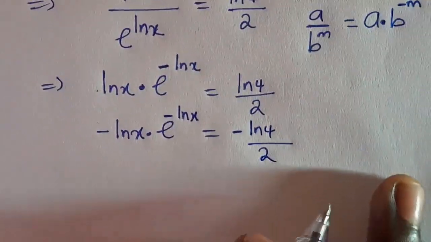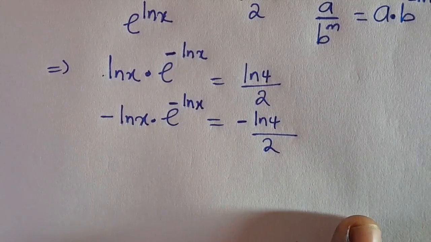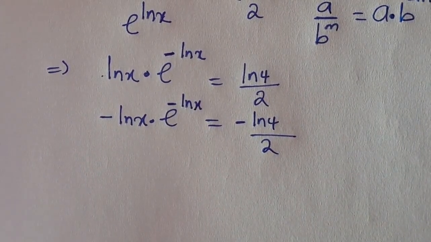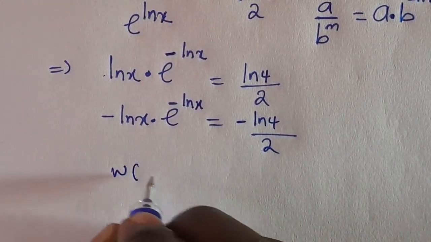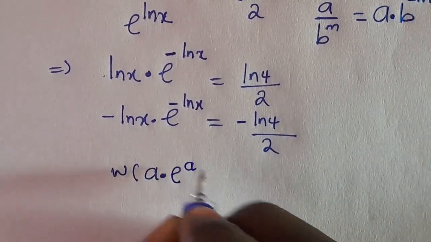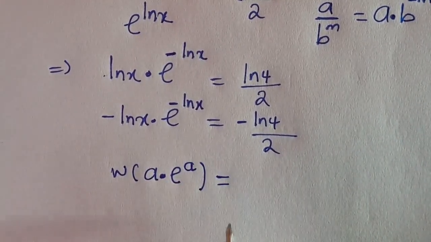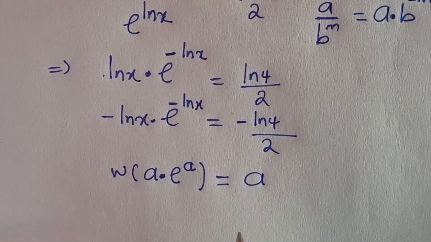And so from here, guys, we want to apply the W Lambert function, which says that when you have W of a, multiplied by e to the power of a, we're going to have back our a as the output.